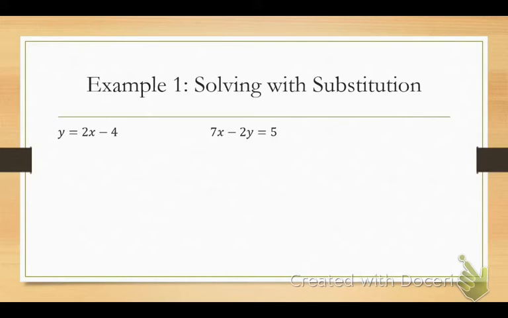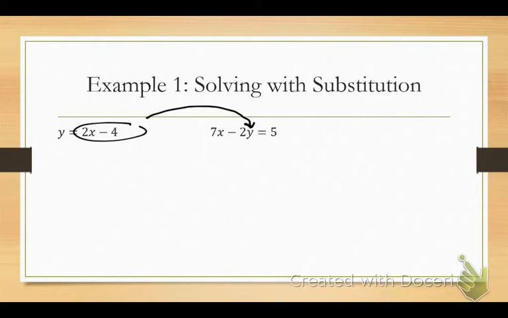So instead of saying y equals 5, I'm telling you that y equals 2x minus 4. Guys, pay attention, okay? So you're going to plug that in for y in the other equation. That's the substitution.